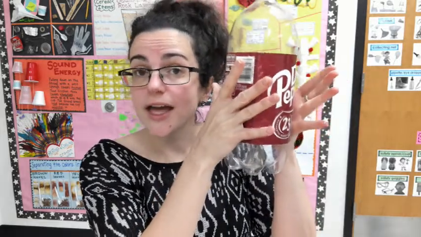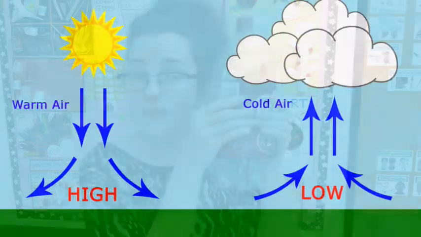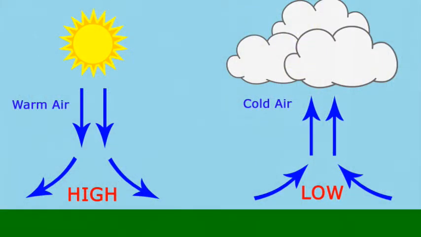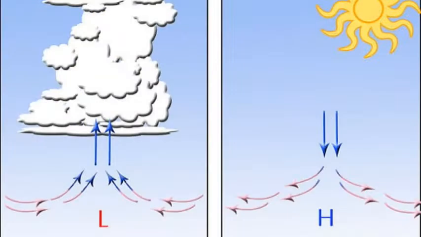And as that warm air rises, that pressure is going to get lower, so low pressure and lower temperatures, because it's going to start cooling off the higher it gets. So when I squeeze it, high pressure. When I let go, low pressure. High pressure, low pressure. So let's get to it and let's form a cloud in a bottle.